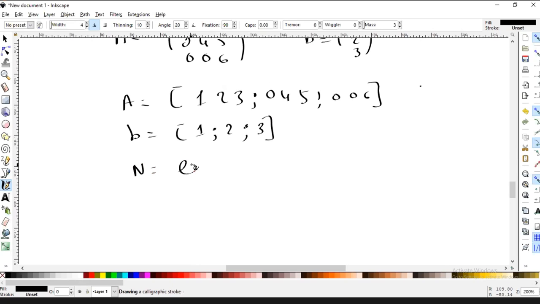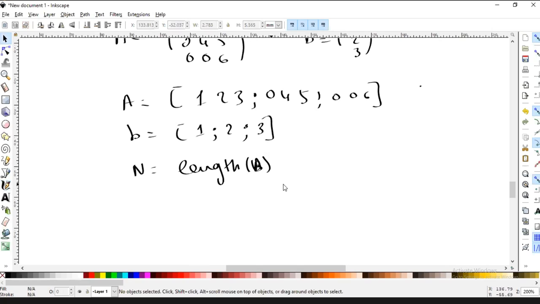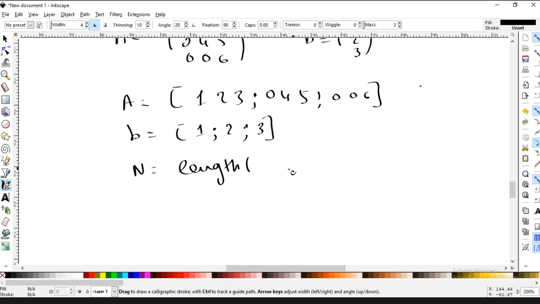And now your n is length of b. You could use length of b or length of A, but for A you would need to use the command size, which returns n by m, here 3 by 3. Let's use the length of b, so here it will be 3, right?